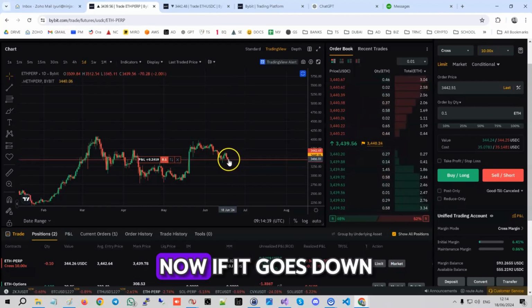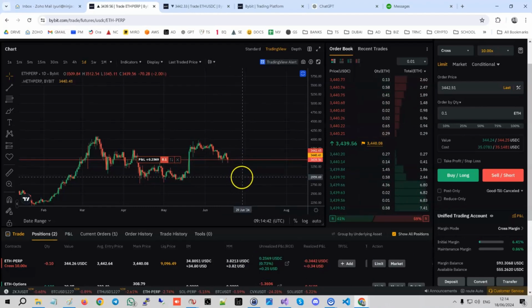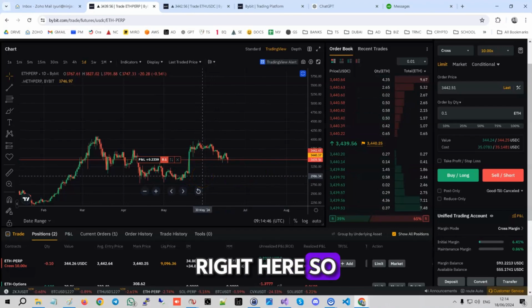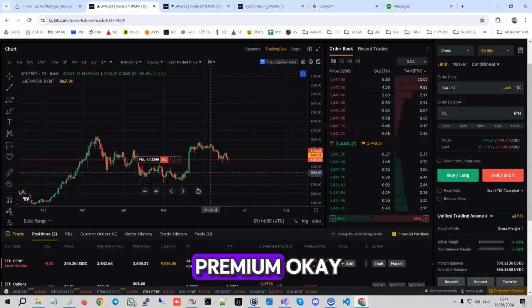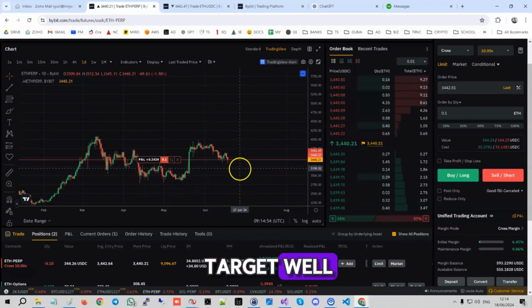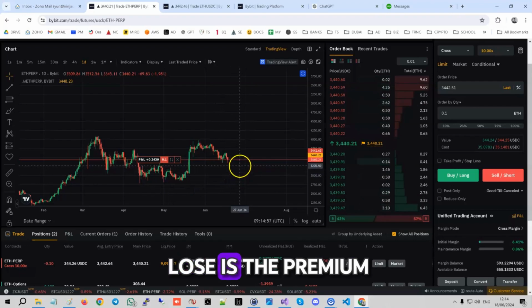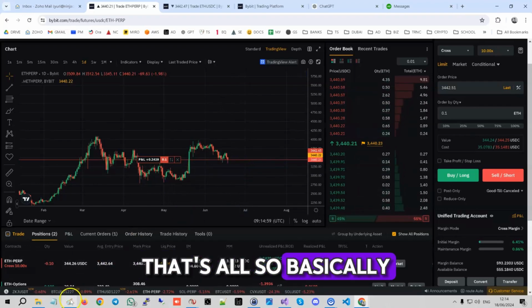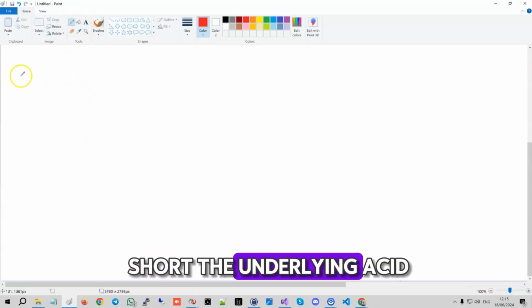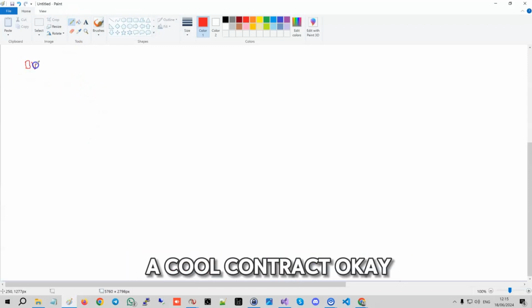Now if it goes down, my profit target for this position is set to 3,000 right here. So my futures contract is going to win a bit over the premium. If it doesn't get to this profit target, the maximum I'm going to lose is the premium. That's all. So basically, if you want to short the underlying asset, you have to buy a call contract.